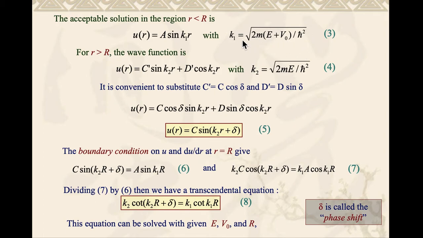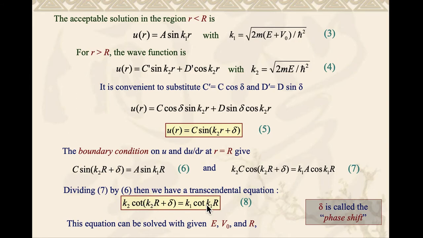So you can see that this is E plus V0 and this is only E. So K1 will naturally be greater than K2. In this equation, K1 is greater than K2.